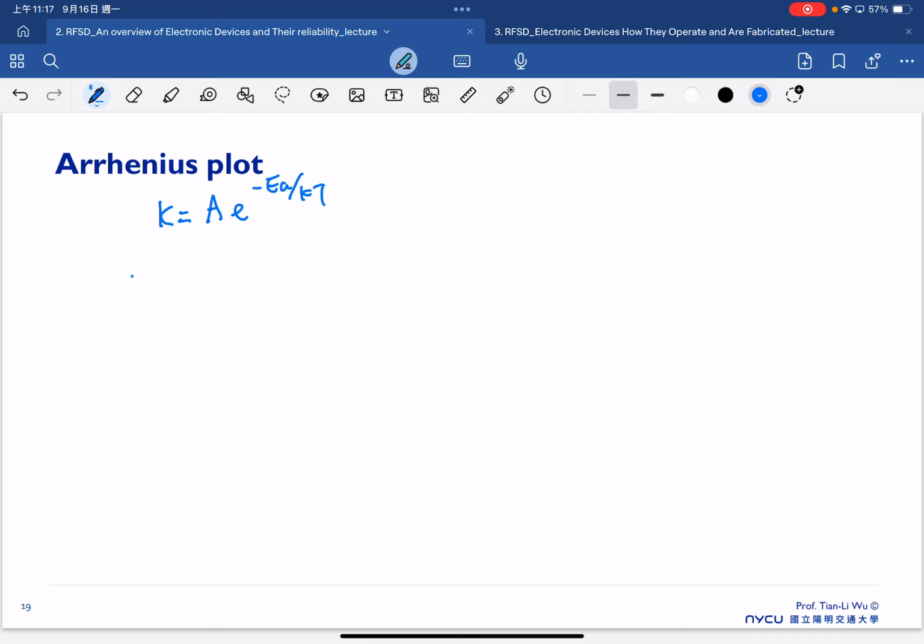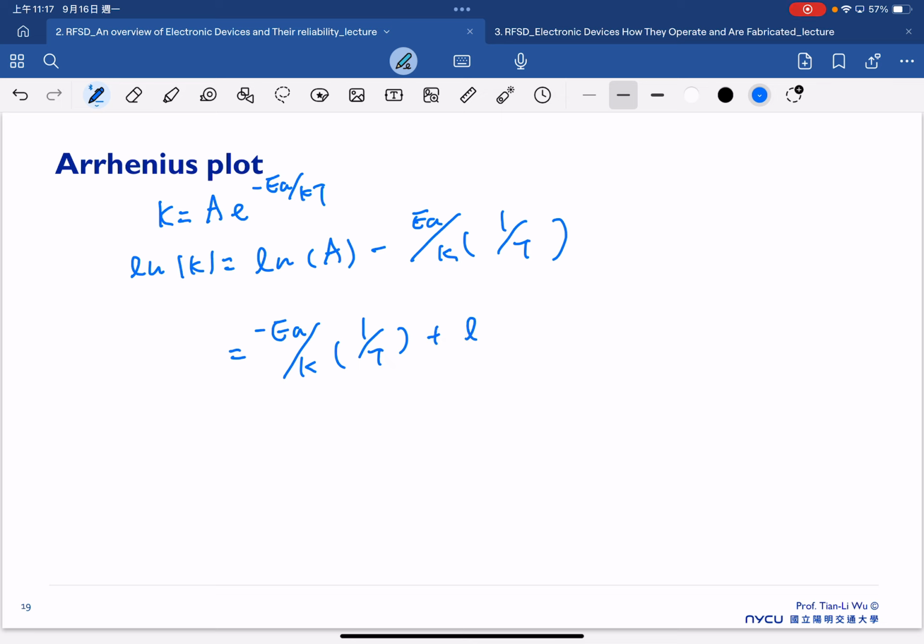We take the natural log, so ln k is equal to ln A minus Ea over k times 1 over T. Then we can reform this equation as minus Ea over k times 1 over T plus ln A.